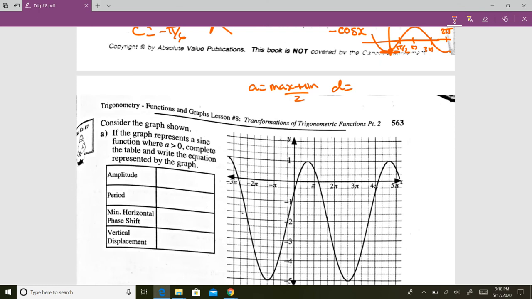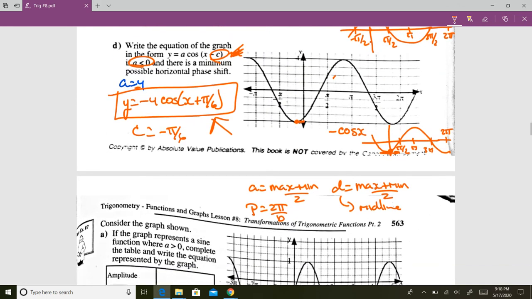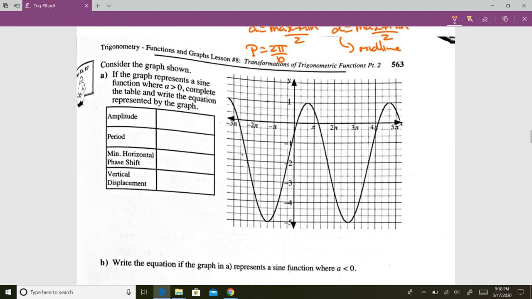Our d value, when we're doing sine and cosine, is max plus min over 2. D value is also the midline of the graph. Okay, and I'll show you what that means in a sec here. Period is 2 pi over b, or 360 over b. And then c, you have to follow these rules here. But these three are the easy ones to find.